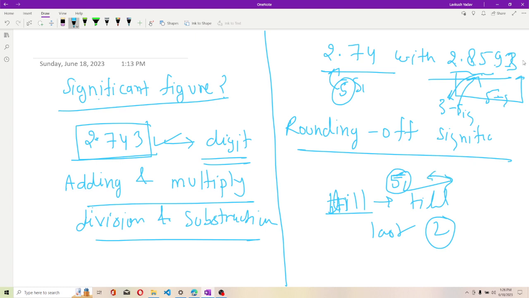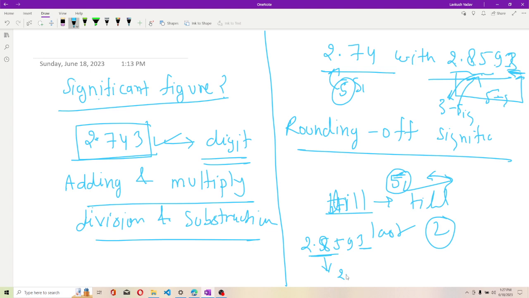Let's start from the last one. Here we have 2.8593, and the last digit is 3. If we have to round off this number to three digits, we start from the rightmost digit and see whether it is less than or greater than 5.